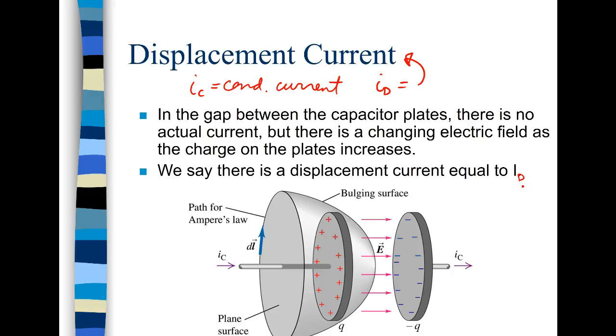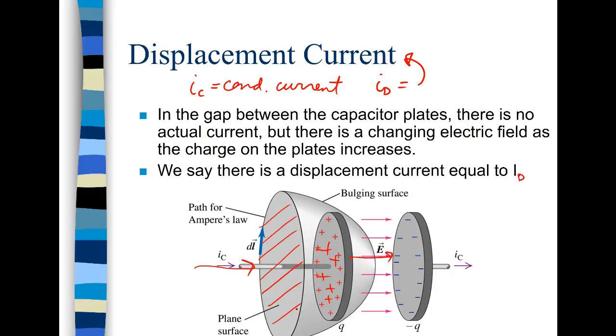Between the capacitors, there's no physical current, but there is a changing electric field, because what happens is as IC proceeds, current piles up on the plate. Because of this, an electric field goes across the plates. But according to Ampere's law, there's two surfaces here.